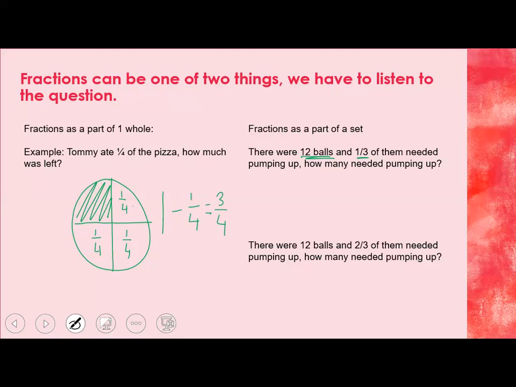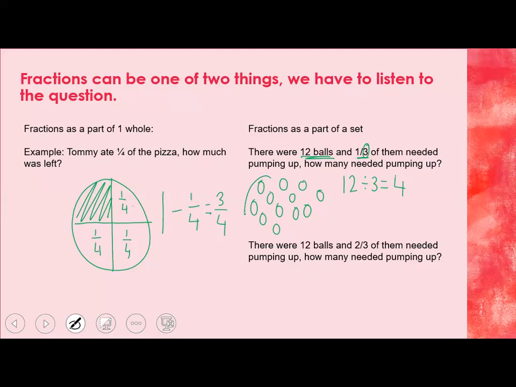Well, what I can do is I could draw out, couldn't I, the 12 balls. Like that. And I now need to split them into 3 equal groups because my denominator tells me that. So I've got 12 and I need to split them into 3 equal groups. So what I'm doing is 12 and I'm dividing it into 3 equal groups. What is 12 divided by 3? Well, it's 4.